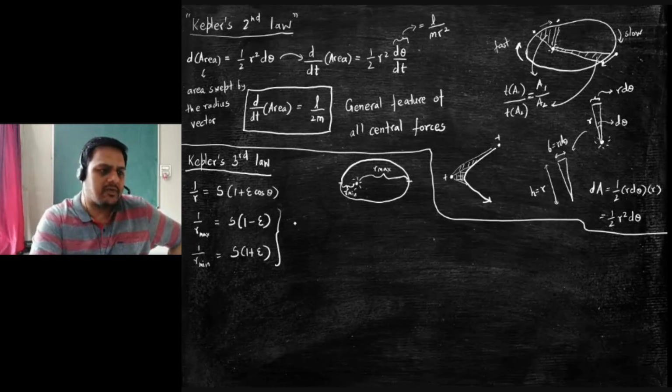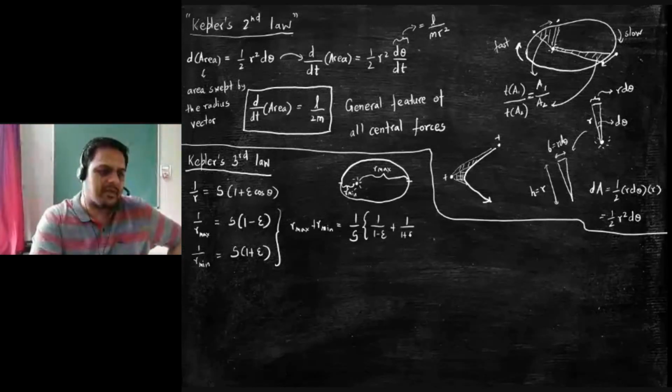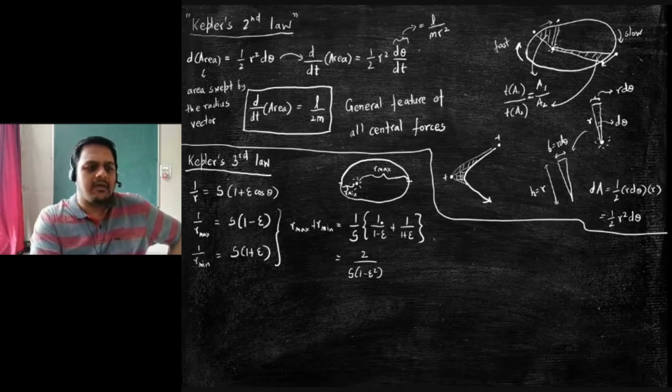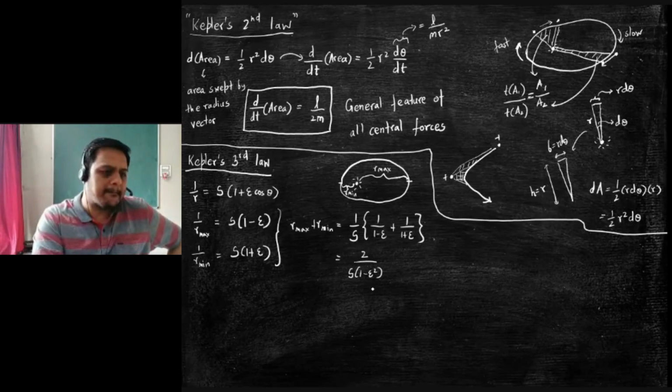Using these two, we can do r max plus r min, which will be 1 over s bracket 1 over 1 minus epsilon plus 1 over 1 plus epsilon. If you cross multiply, what do you get? You simplify, this is what you get.